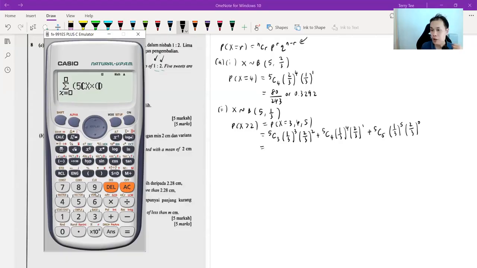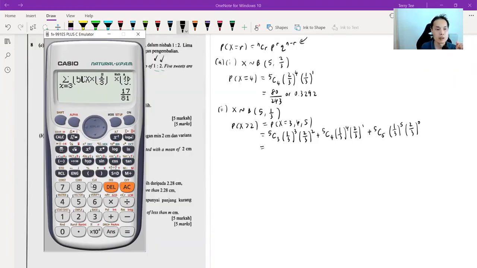You multiply with your probability, 1/3 power alpha X, then multiply with 2/3 power N minus X. My N is 5, so 5 minus alpha X. Then I move down to the sum, start from 3, end at 5.